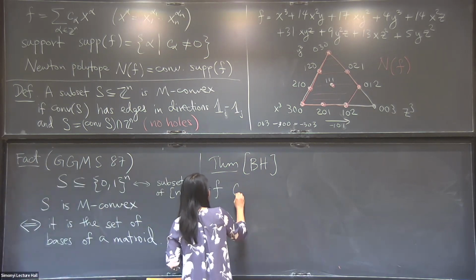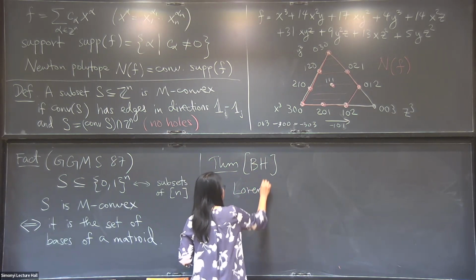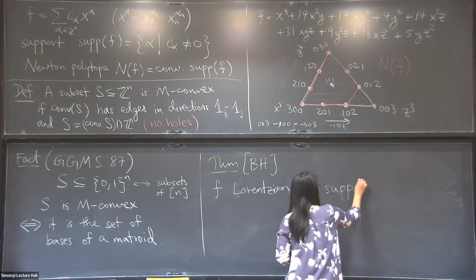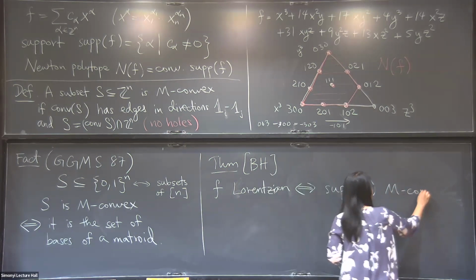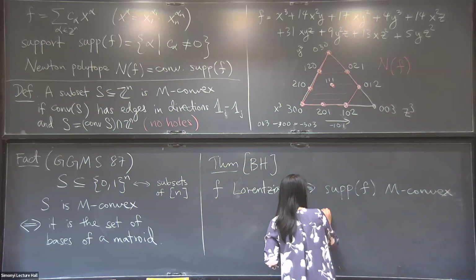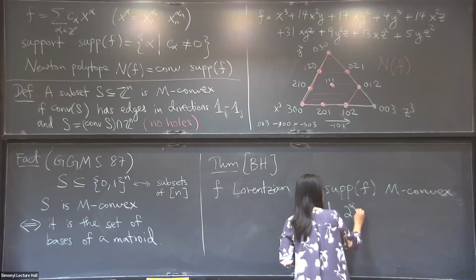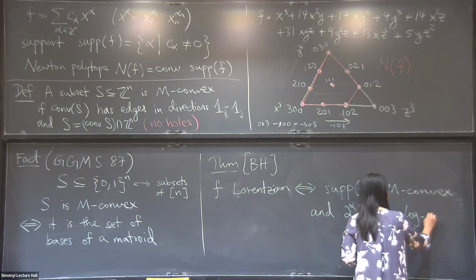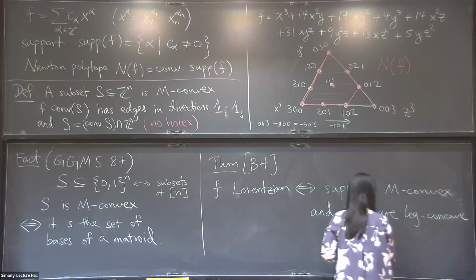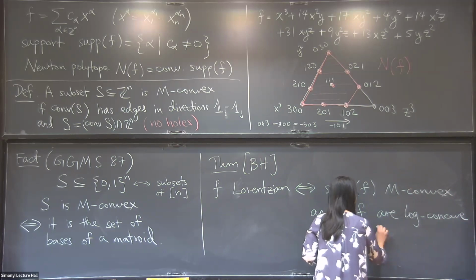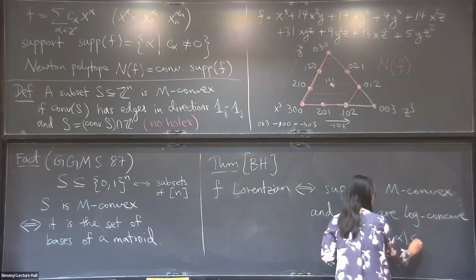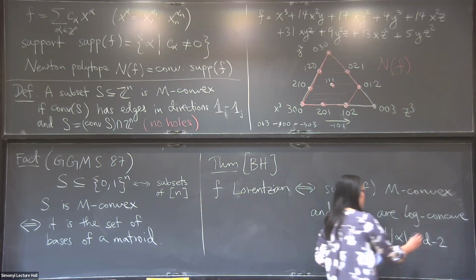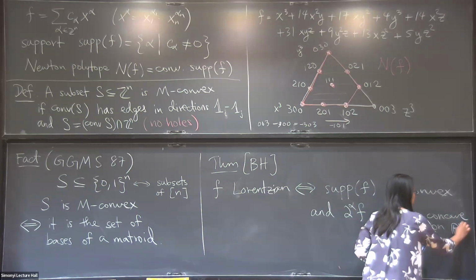They said F is Lorentzian if and only if its support is M-convex, and you still have to check your quadratic partial derivatives: the quadratic partial derivatives are log-concave for all alpha of size t minus 2, always on the positive orthant.